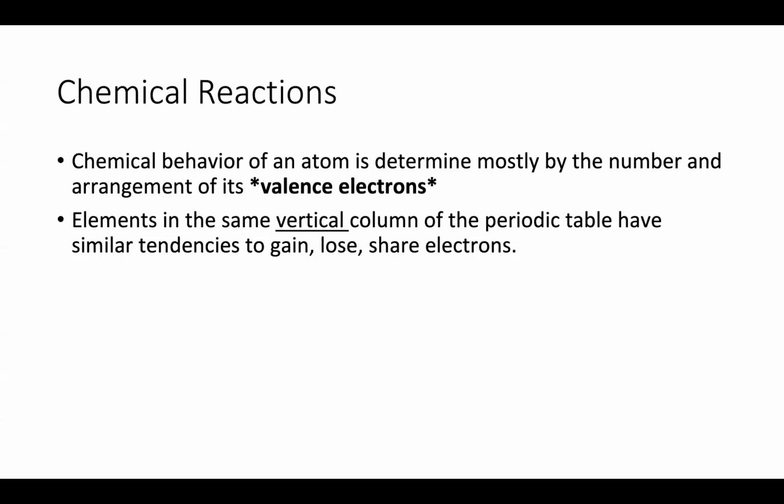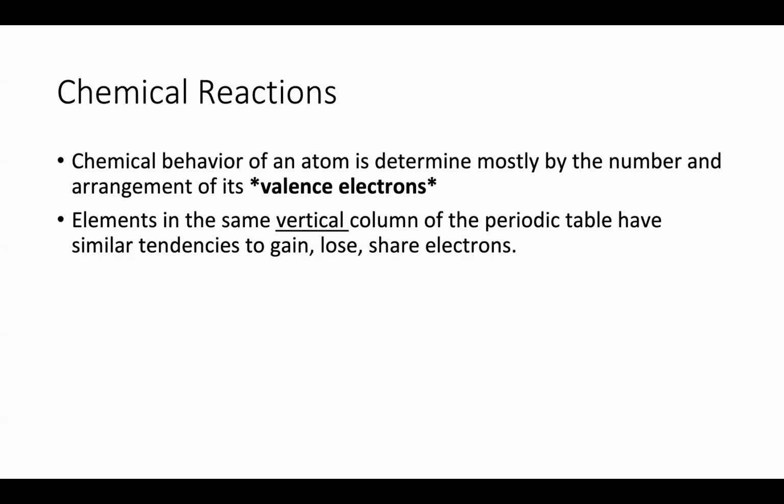They're going to have the same tendencies to gain, lose, or share electrons as they interact with atoms of different elements. This isn't chemistry class, so I'm not going to expect you to know all of the ins and outs, but you do need to be able to make these basic connections between atoms and elements, and understand how they play a role in living things.